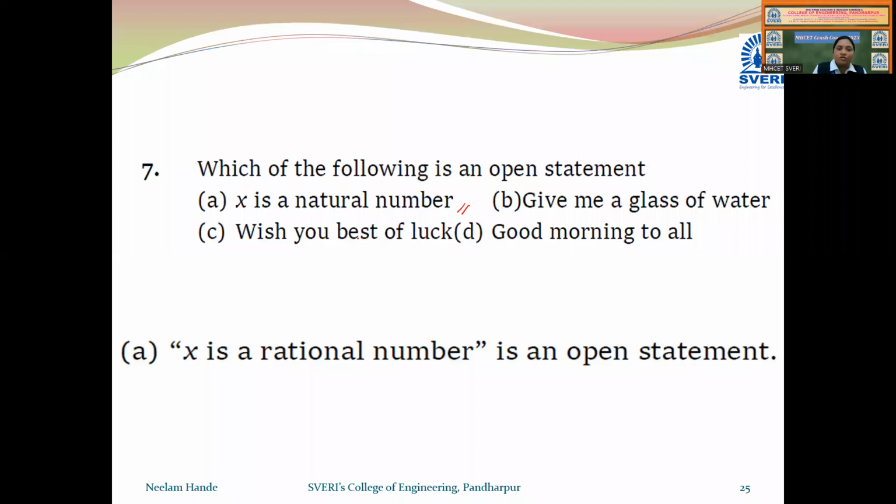So X is a natural number. There are so many natural numbers, so we can assign some values to this. If we can do so, it is called an open statement. X is a natural number, yes, it is open.